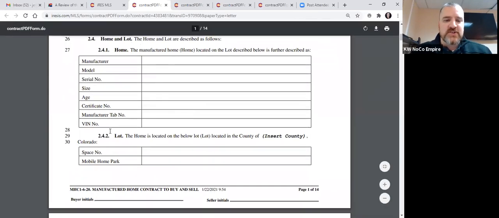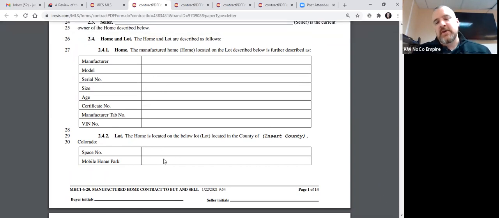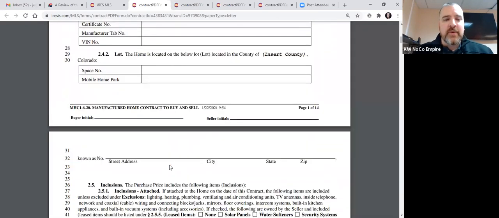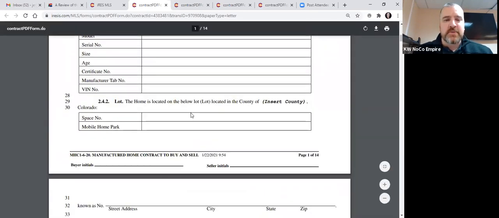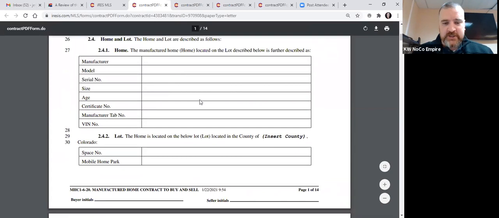So the home is going to be sold. The home is located on the below lot, and you'll put whatever county it's in, right? And you'll put the space number. So it's in space number 192 of Cloverleaf Community, whatever, right? So name the mobile home park or manufactured home park, okay? And then that way it's clear, okay, I'm purchasing this particular manufactured home.